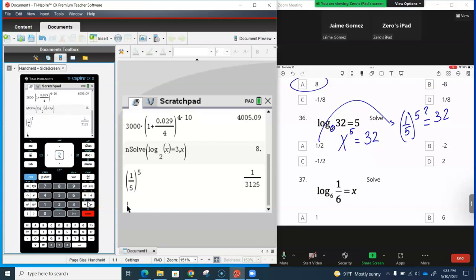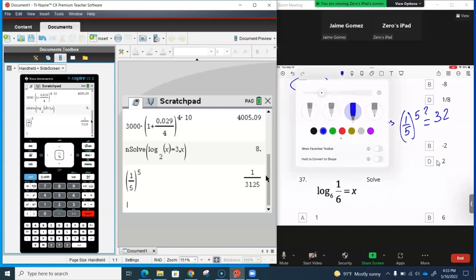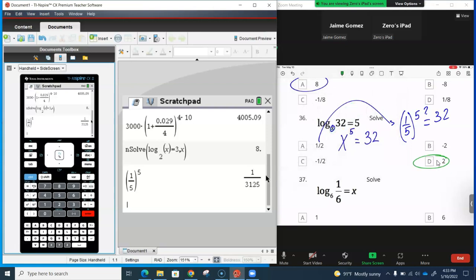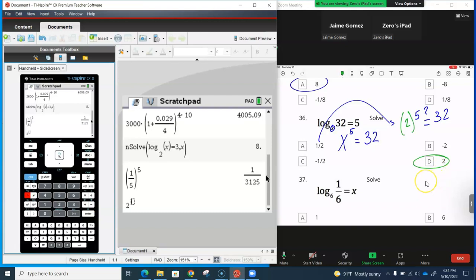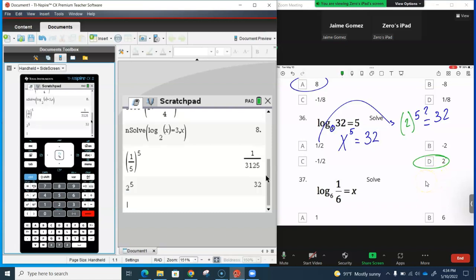That does not give me 32. So keep on going one by one till we get the answer, right? And you're going to see that the answer should be letter D. Because 2 to the fifth power is 32. That's why.